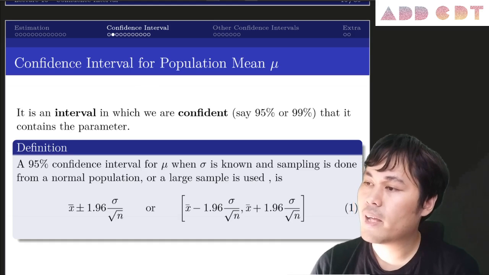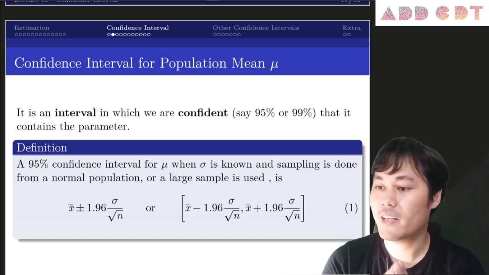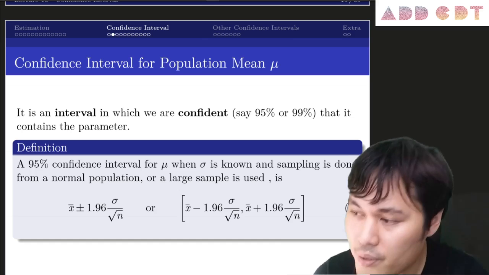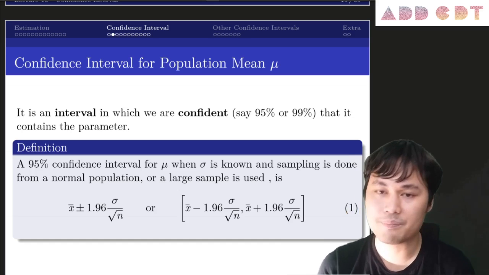As I said before, the number is not going to be exactly right. If the sample mean, the average, is 10, you are not going to say that the population mean is also exactly 10.